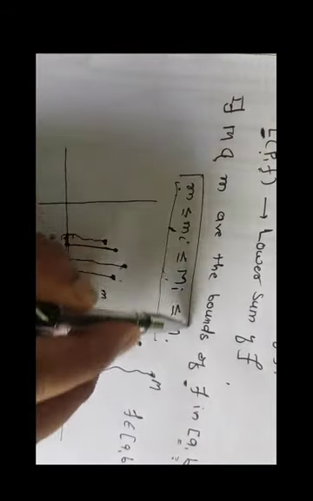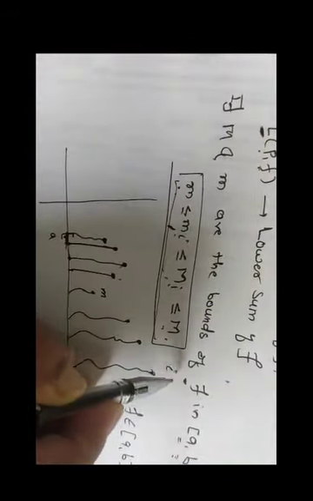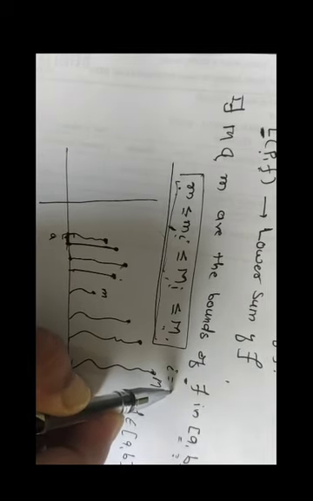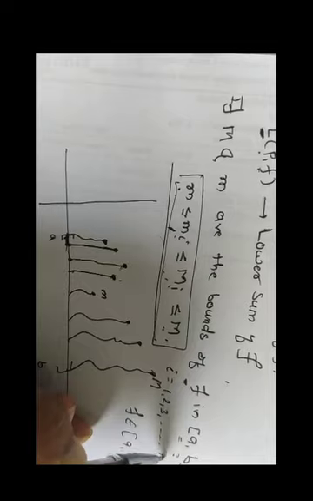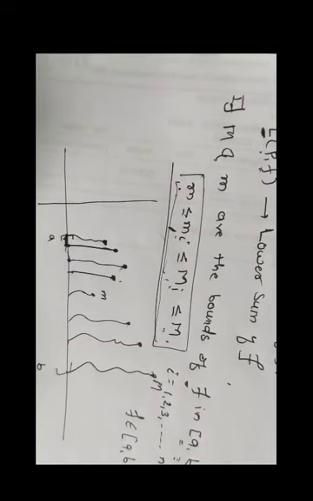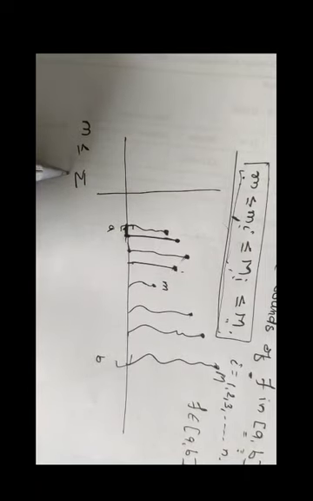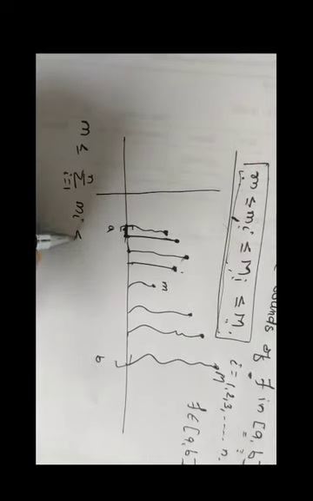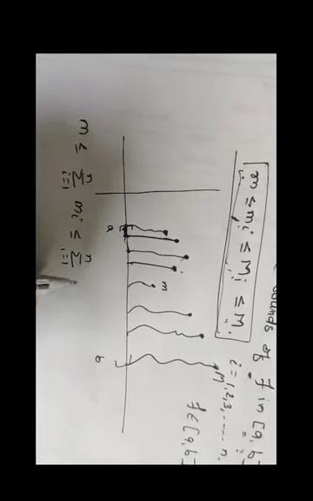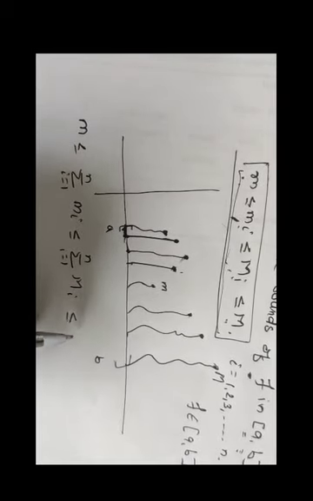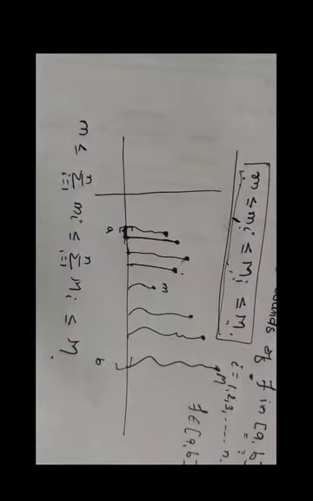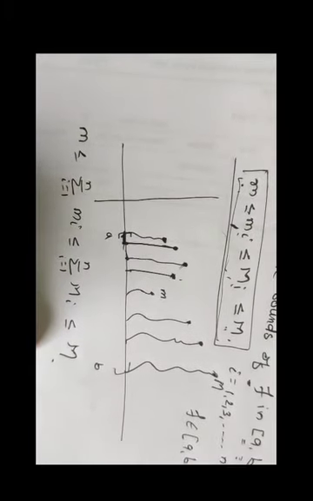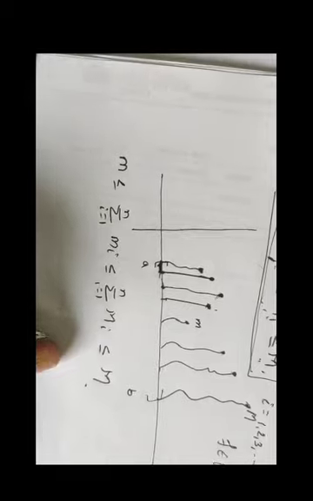Now, i runs from 1, 2, 3 up to n. If we put this i in our problem, then m is less than or equal to mi, less than or equal to Mi, less than or equal to M. Now throughout multiply by the interval delta xi.